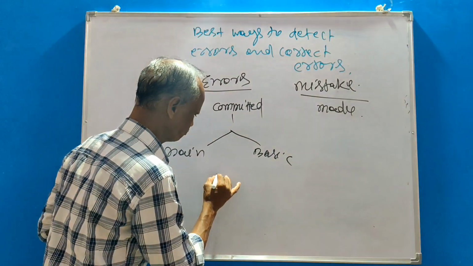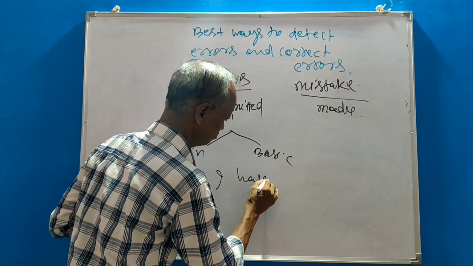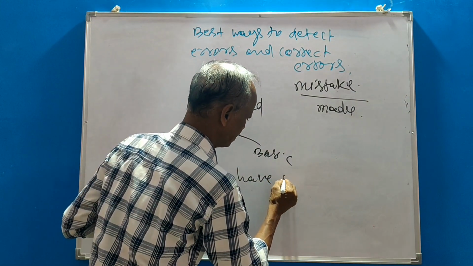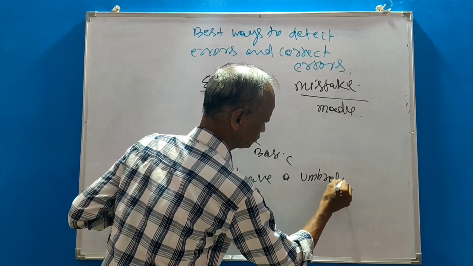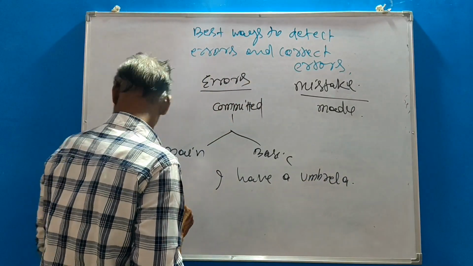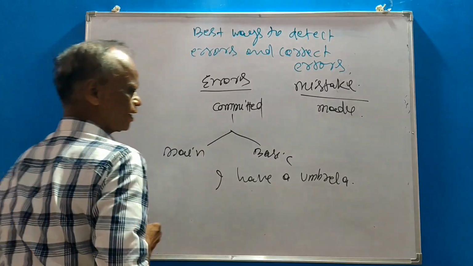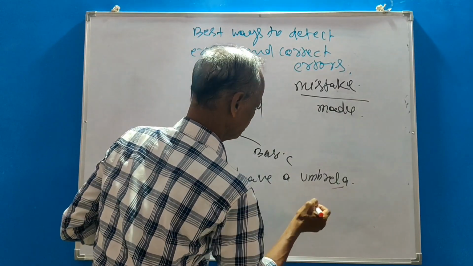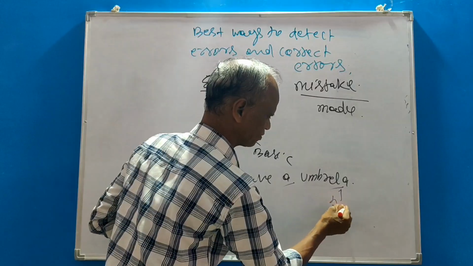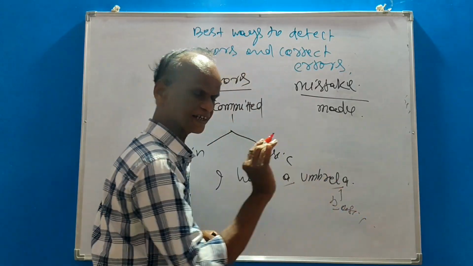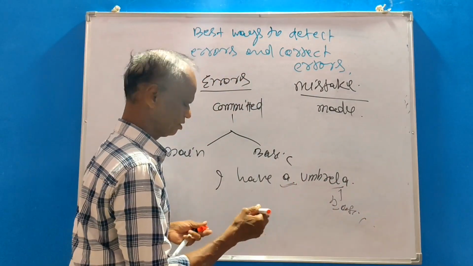For example, I have a umbrella. Okay. So error is here. This is a basic error. This is a main error.